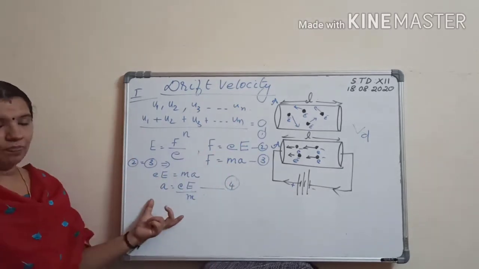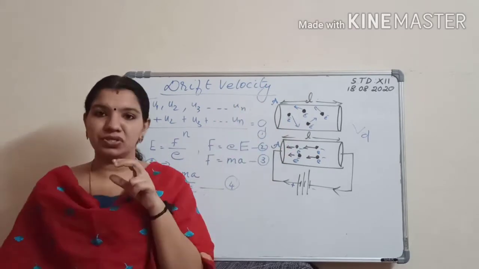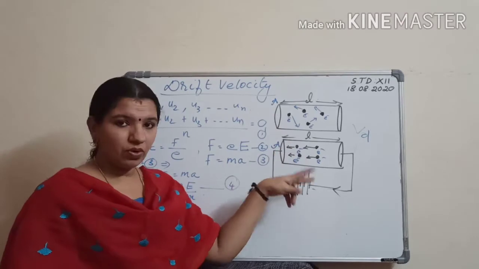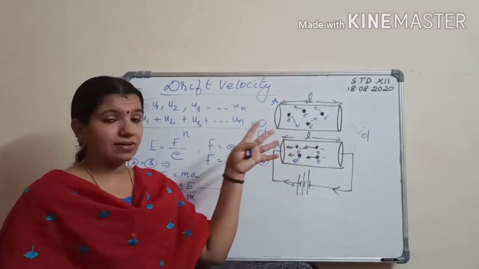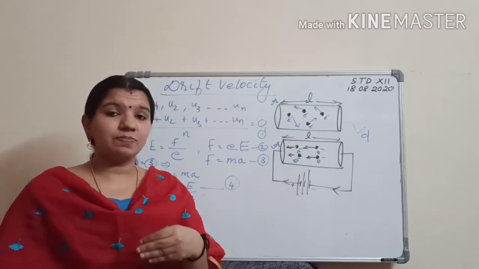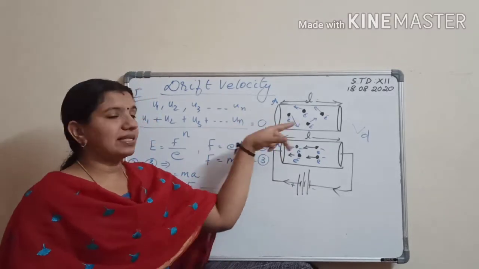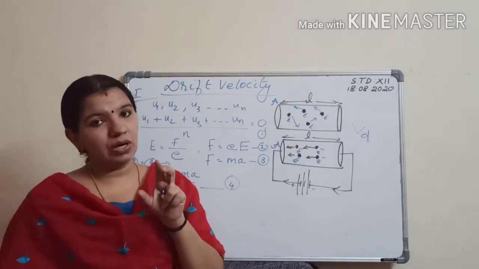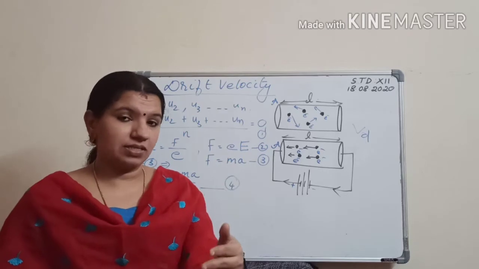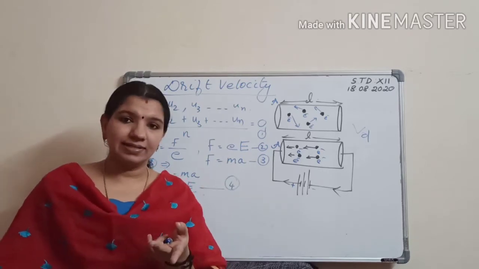This much is clear. So first we discussed the case for a metallic conductor which is not provided with an external electric field. Second case, we are providing an external electric field and the electrons experience a drift velocity. Now we are going to derive the expression for drift velocity. For that, first we take the condition that the sum of the average value of the velocities in the first case, that is before providing the external field, is taken as 0 because of the random movement, they collide with each other.